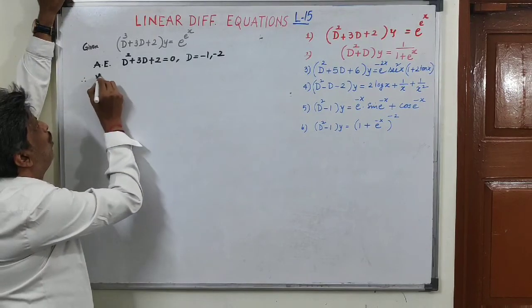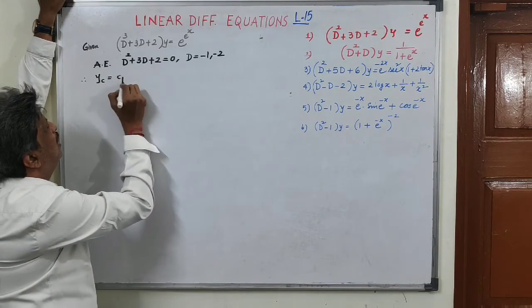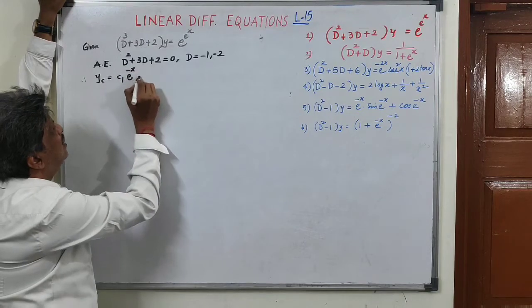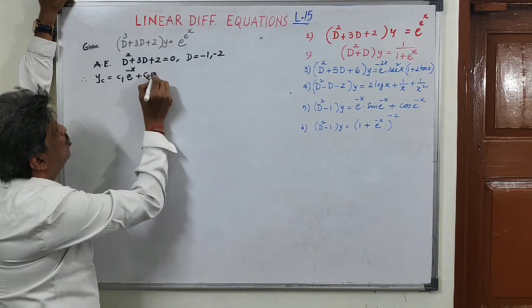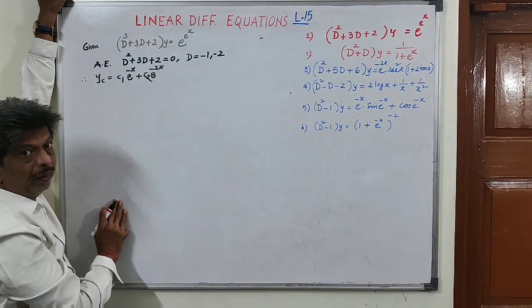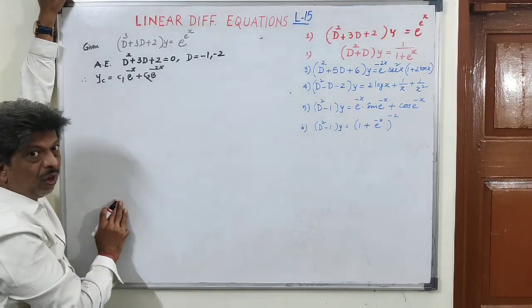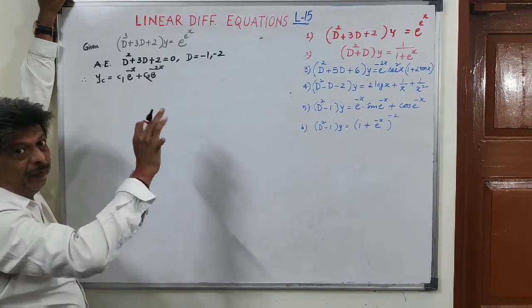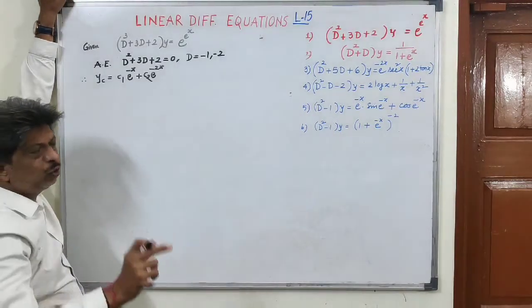Therefore, YC is C1 e raised to power minus x plus C2 e raised to power minus 2x, because D square plus 3D plus 2 is equal to (D plus 1) into (D plus 2).